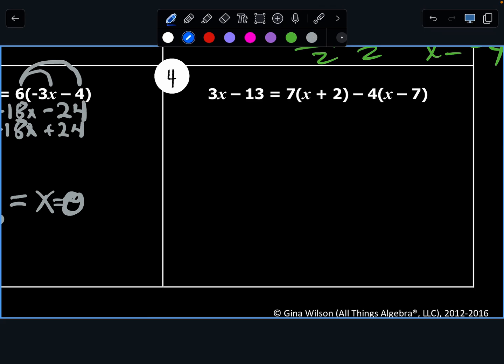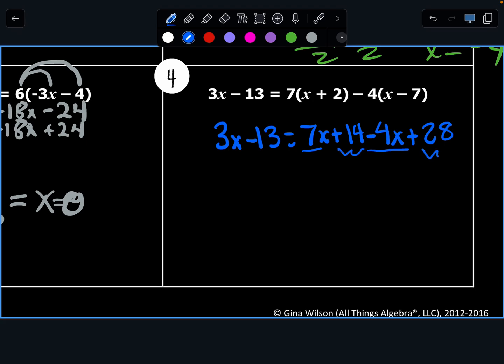Molly. Explain as you go. Alright, so first just keep these terms on this side the same. Then you need to distribute, so 7x plus 14 minus 4x plus 28. And then you need to combine like terms. The left side stays the same.